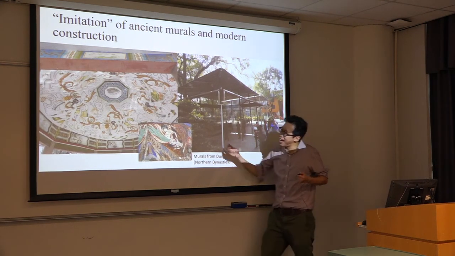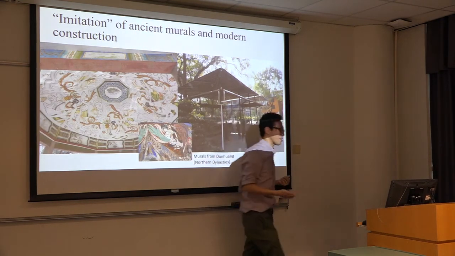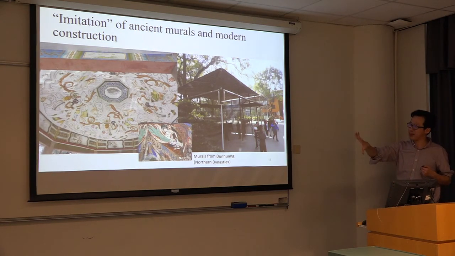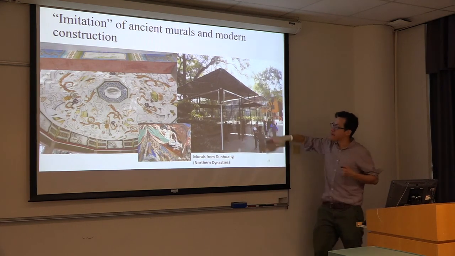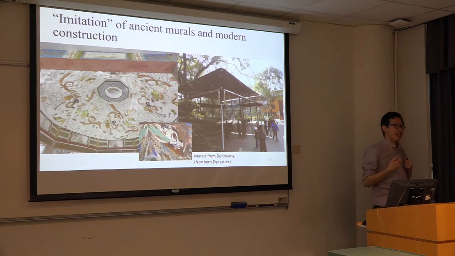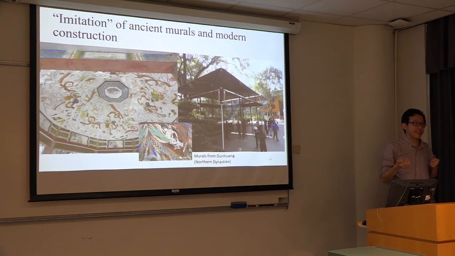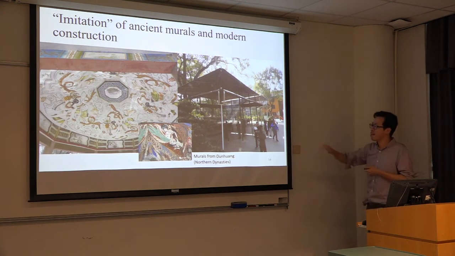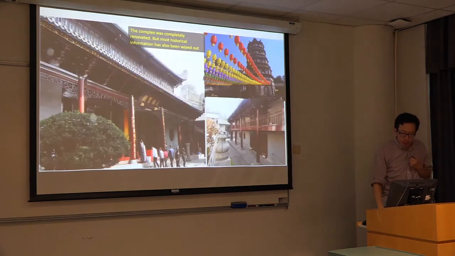Probably they don't know how to paint the mural, so they just imitate some Tang Dynasty murals to fill it. And we also have newly added places for burning incense in a very traditional Chinese way. They have a lot of places for people to burn incense.